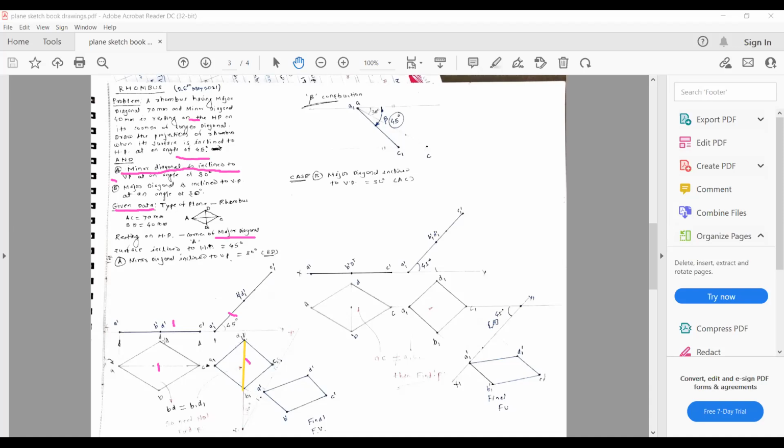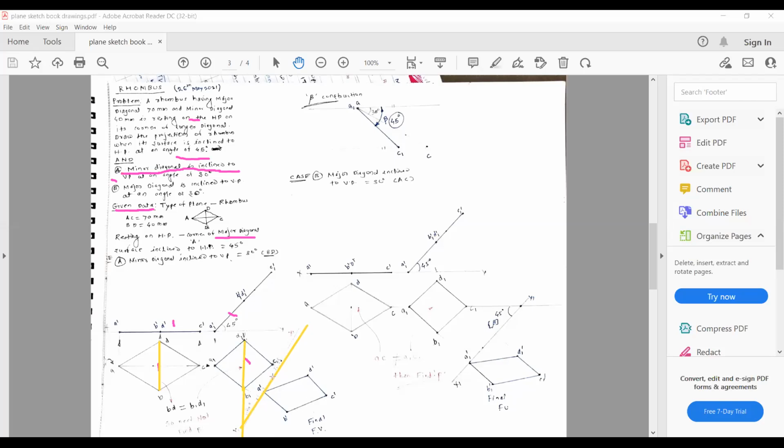B dash D dash, because in the first stage you'll see this is nothing but the minor diagonal and AC is your major diagonal. Okay, what is given? The minor diagonal is inclined. So what exactly are we going to do? If you are going to solve this problem with the auxiliary plane method, we will be extending the minor diagonal, not any side now. Remember, the minor diagonal we are extending, marking any one point, and through this point, I will be taking a line at an angle of 30 degree, which is given.